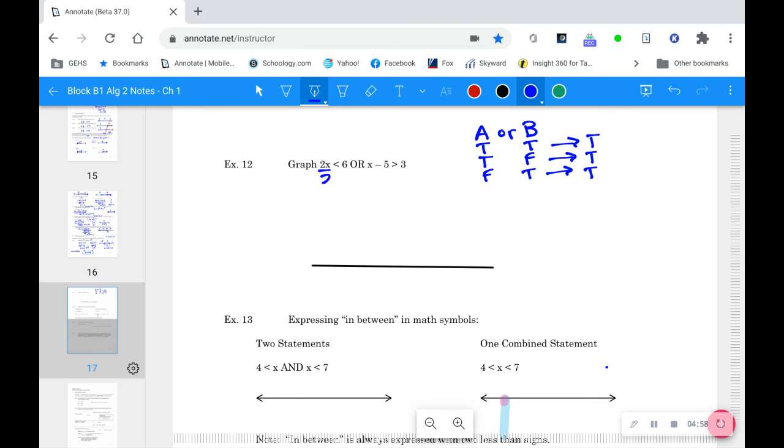Okay, so we'll divide by 2 here, and that lets us know we want numbers that are less than 3. Then there's this operative word here, important, write that down, or, and then I'm going to add 5 to both sides. Okay, so I need a number line here with a scale on it.